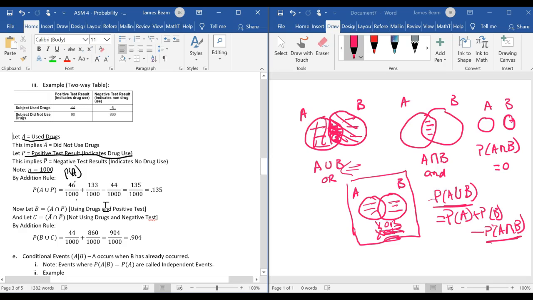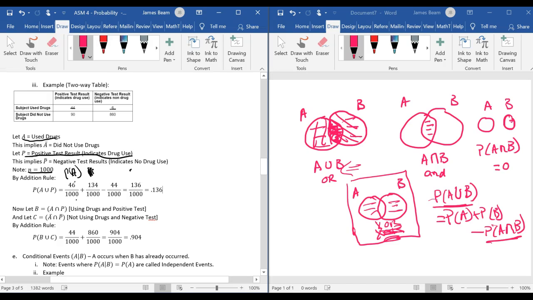Let me go fix that in the notes. All right, so just like magic, we fixed it. 134 is the probability of testing positive. And this is the probability of the intersection. So there's 44 out of 1,000 people in the intersection.